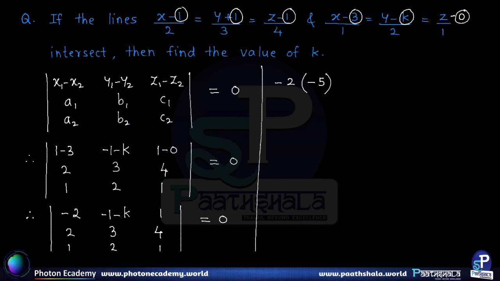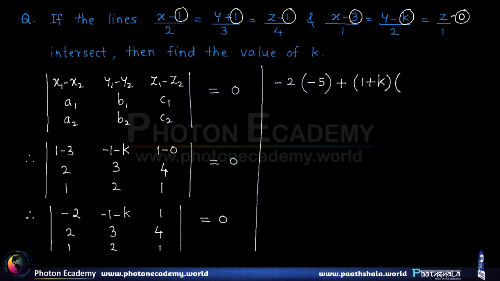Then we have a minus sign, but since both the terms minus 1 and k are negative, we can write them by changing the signs: 1 plus k into bracket 2 minus 4, that gives us minus 2, and the last term is plus 1 into bracket 4 minus 3, that is 1. This should be equal to 0.